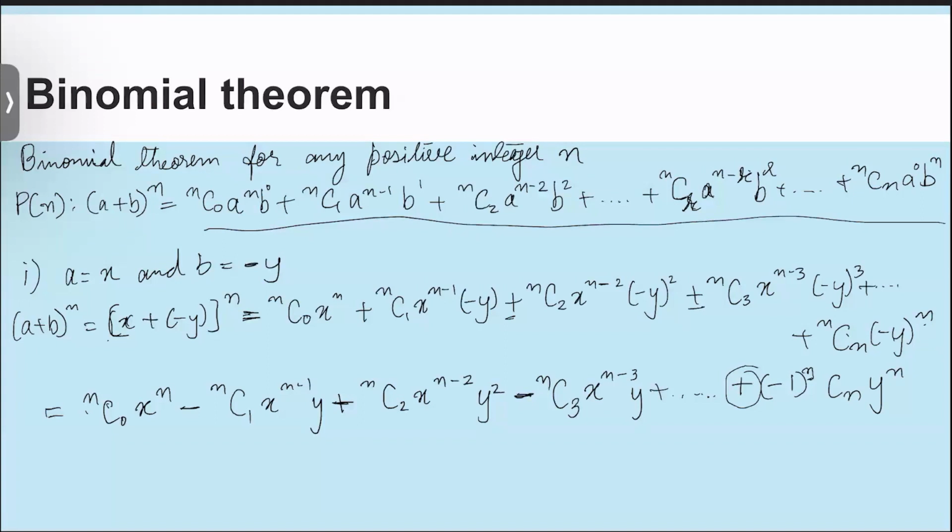Minus 1 raised to an even number becomes positive, and if it is an odd power, it remains negative 1. So you can write the last term in this form when you have a negative number in place of b.